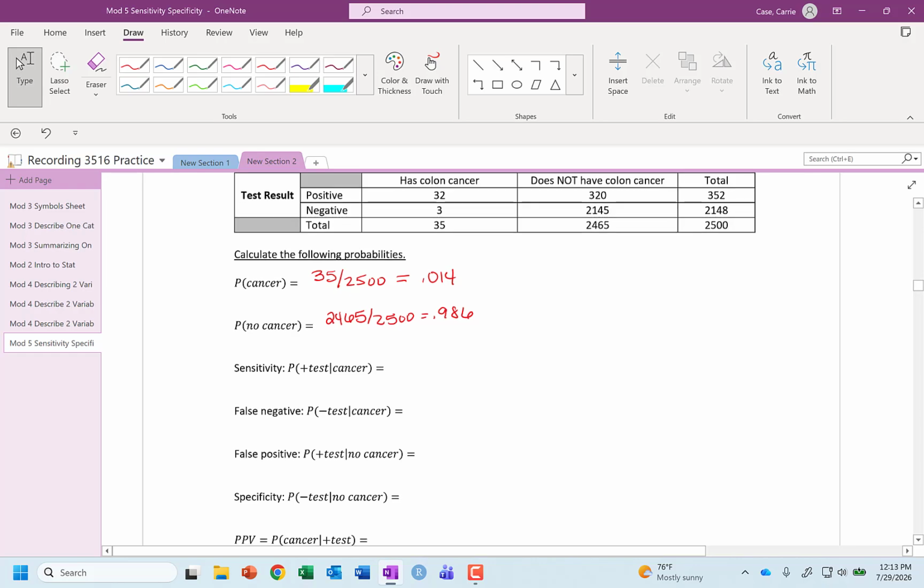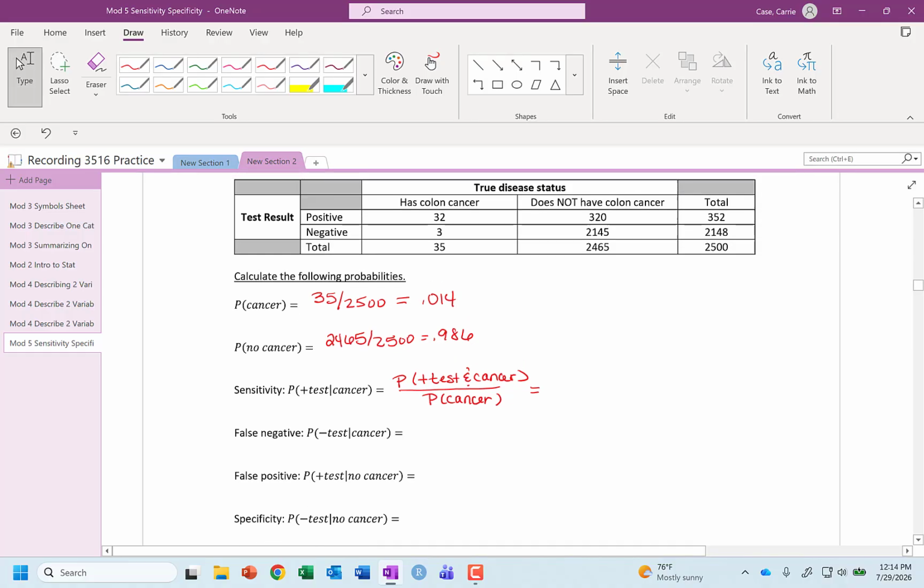Then we're asked to calculate sensitivity. Sensitivity is the probability of having a positive test result given that the person has cancer. And remember, for probability rules, that means we have the probability of having a positive test result and the person has cancer divided by the probability of the person having cancer.